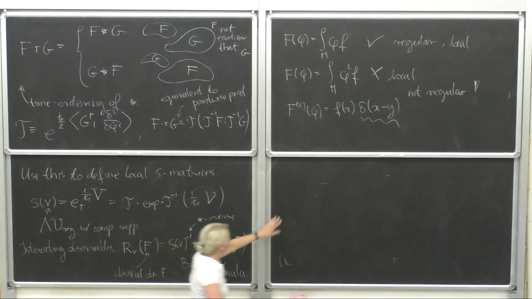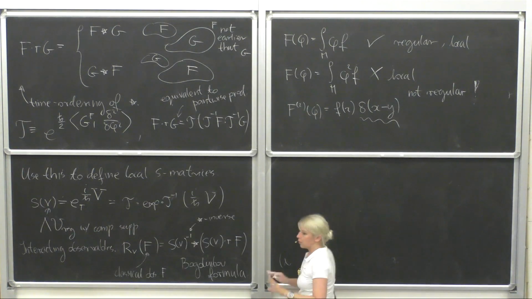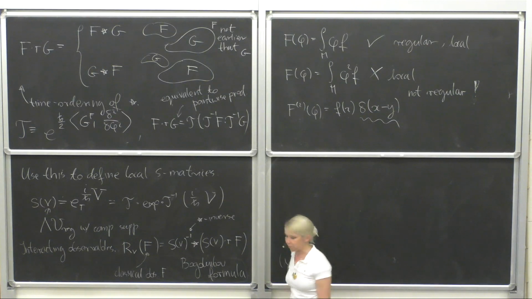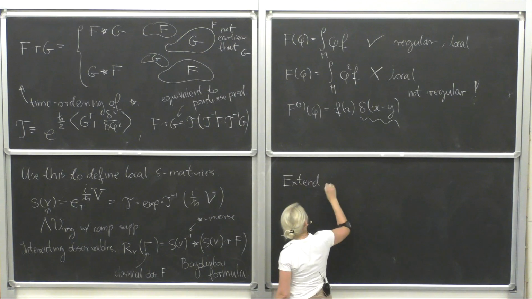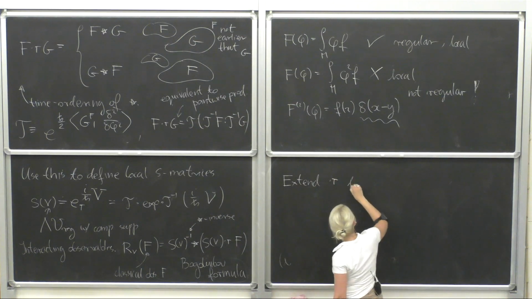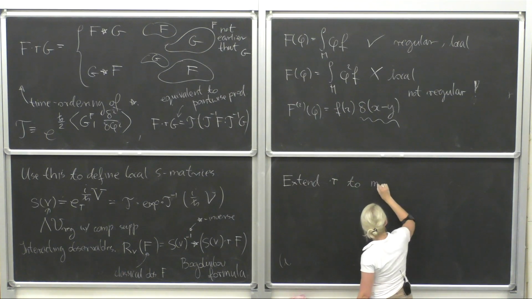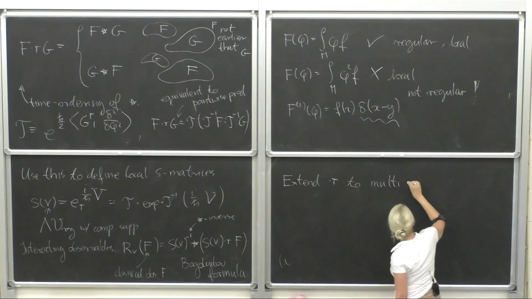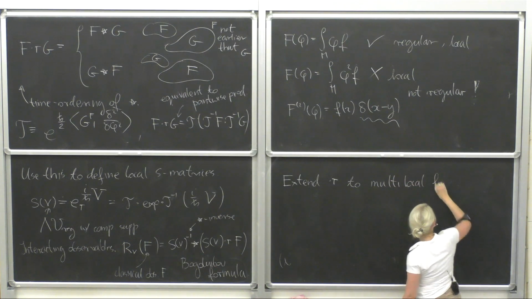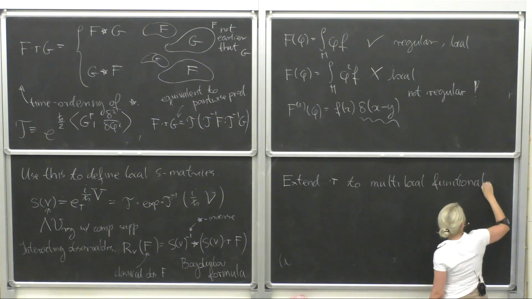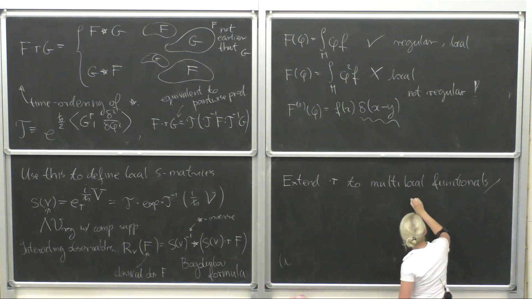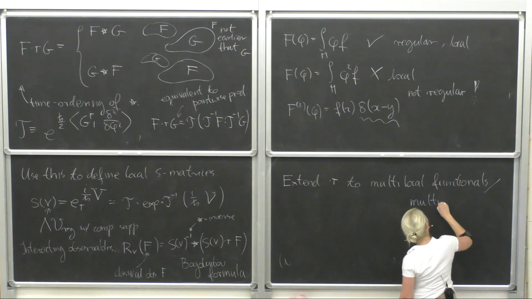Now, the way I want to phrase this problem, I want to extend T, the time-ordered product, to multi-local functionals and, well, also multi-vector fields.